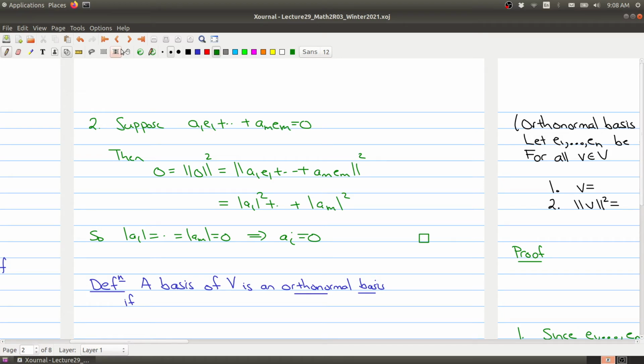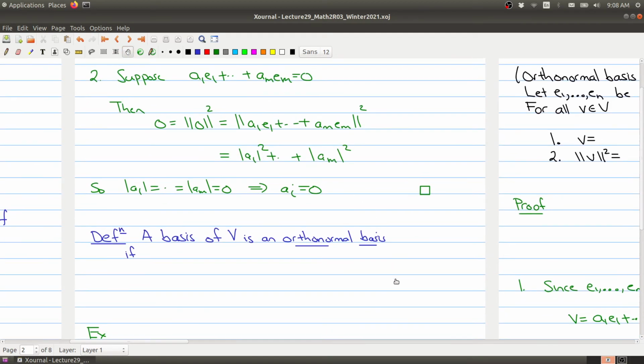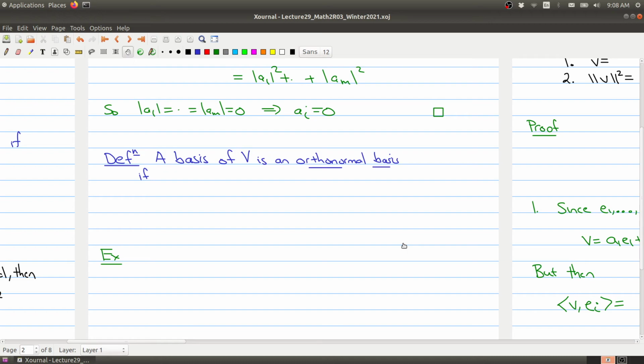Now that we know what an orthonormal set is and two of its properties, I want to define what an orthonormal basis is. A basis of V is an orthonormal basis if the basis is also an orthonormal set. The standard basis is an example, but as another example, take (1/√2, 1/√2) as your first vector and (1/√2, -1/√2) as your second.